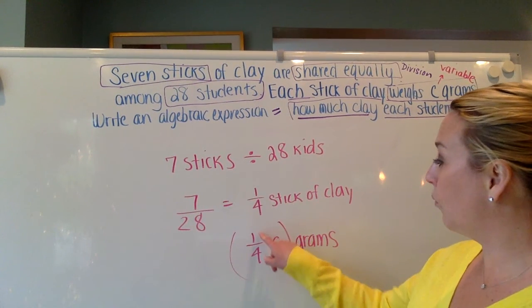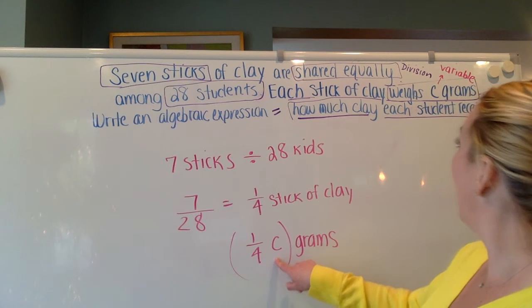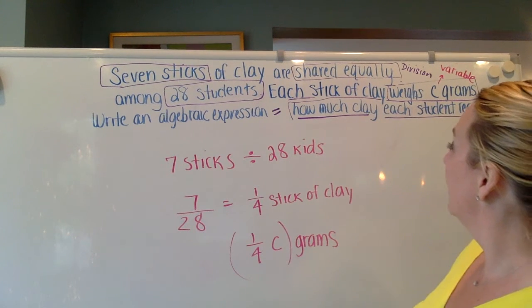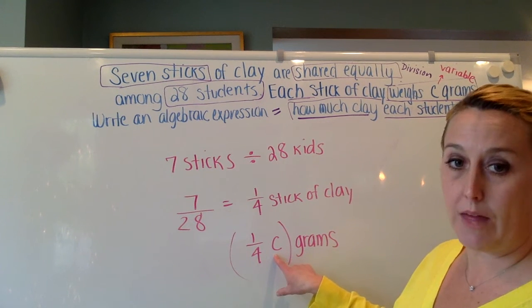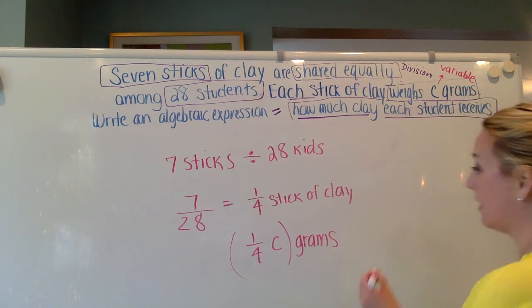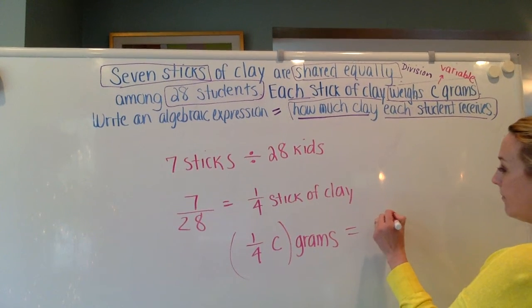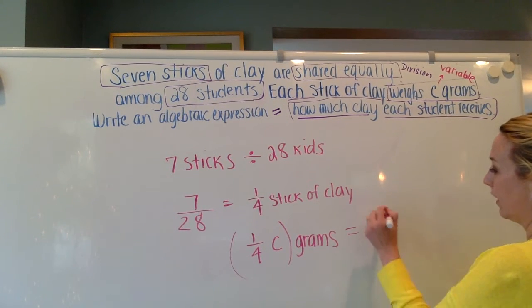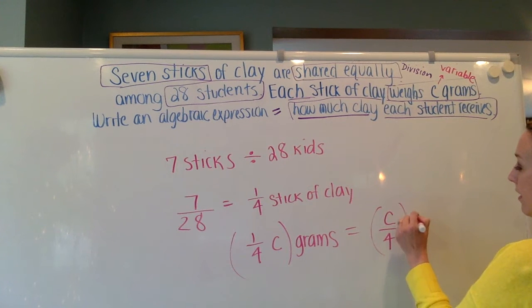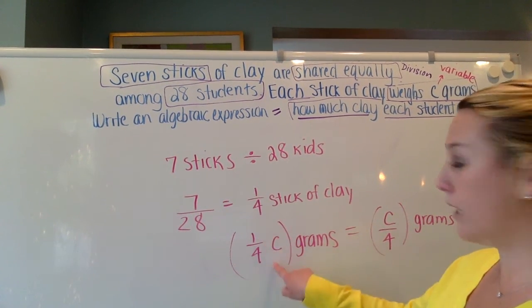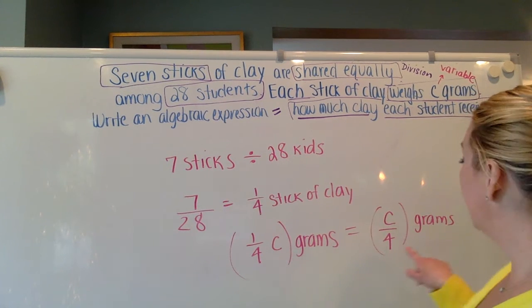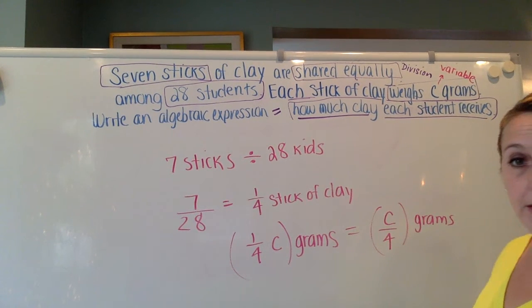Each kid gets 1/4 of whatever that stick of clay is equal to. It gets 1/4 of that weight. You could also write this as C over 4 grams, because 1/4 times C is the same as C being divided by 4.